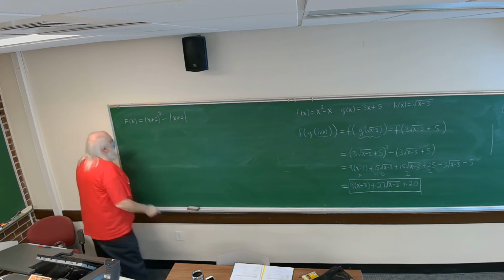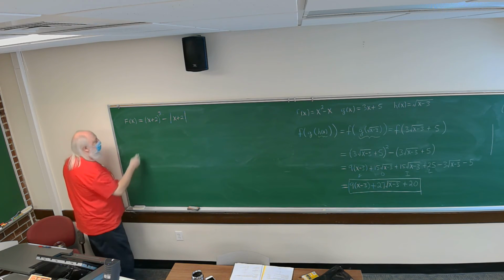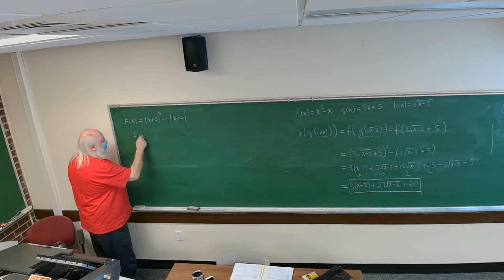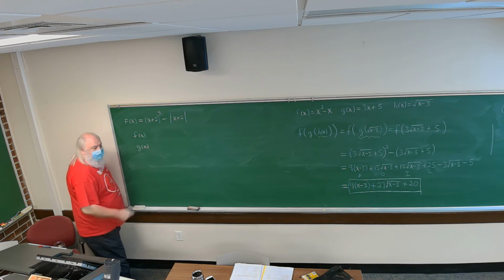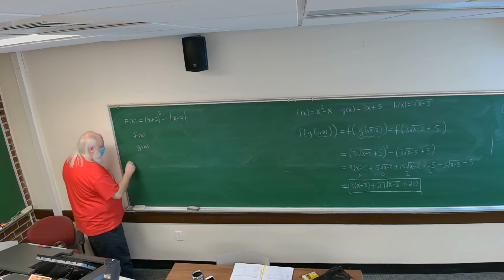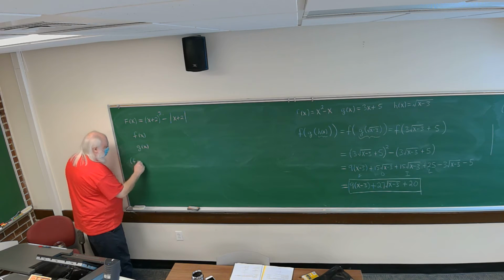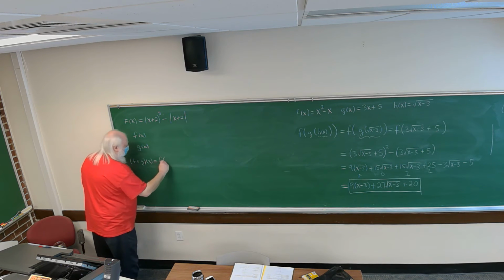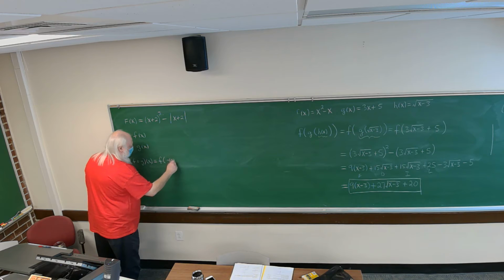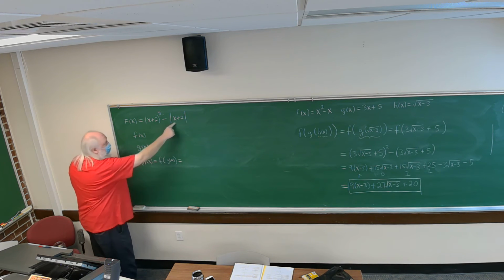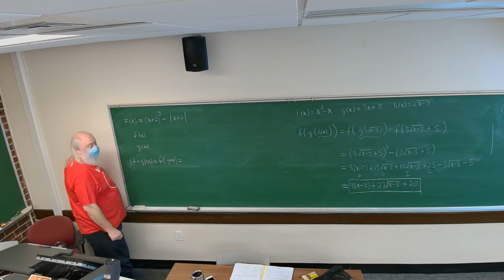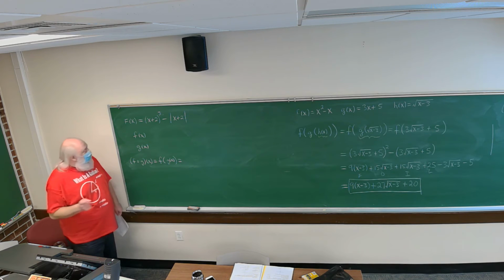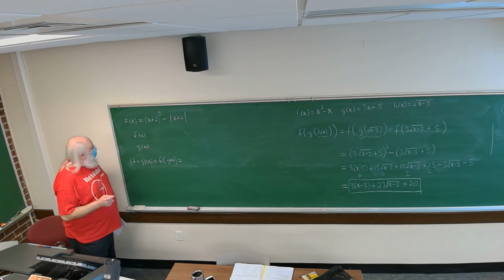We need to find two functions, f of x and g of x, such that the composition of these two functions is equal to this up here on the right hand side. Yes, ma'am? Where it says f of x, would it be f of g, or did you mean f of x?